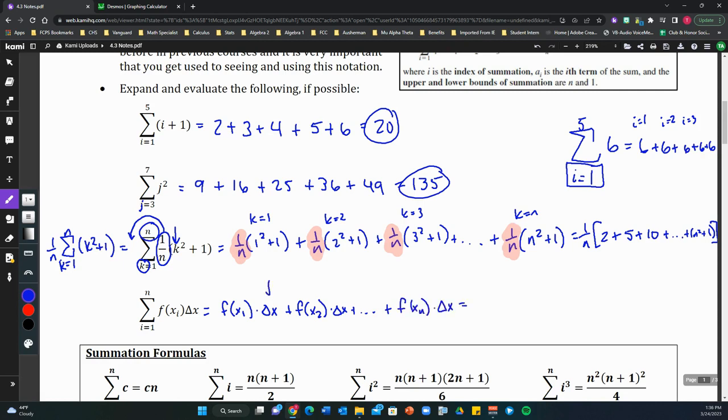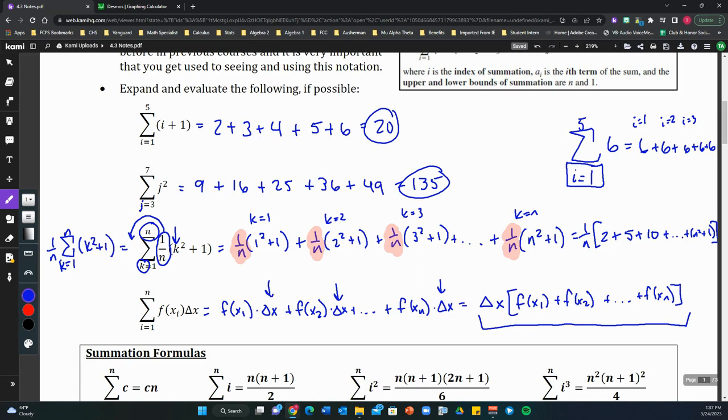Or once again, you notice we have a delta x factor inside each one of those terms, so I could pull that delta x out in front, and it leaves me with f of x sub 1 plus f of x sub 2, dot, dot, dot, all the way up until the last of those f of x values. And if you think about it, this should look fairly familiar because this is the setup of our area approximations from our previous section.